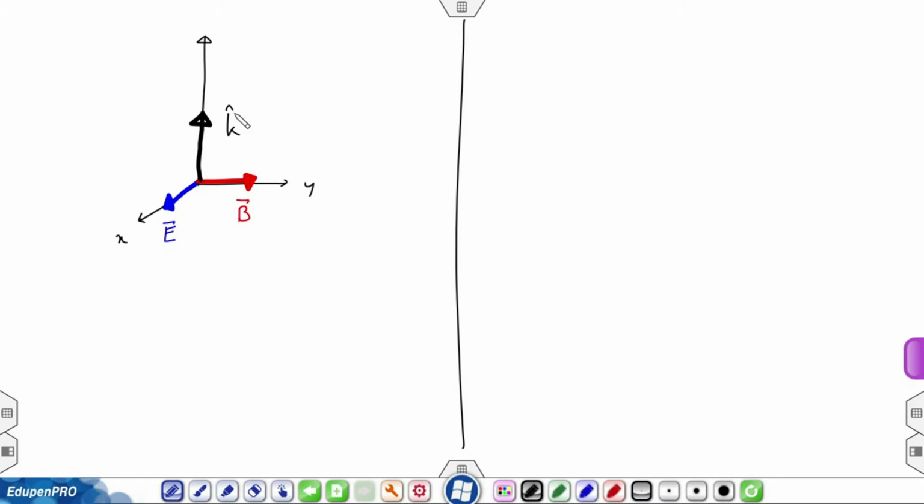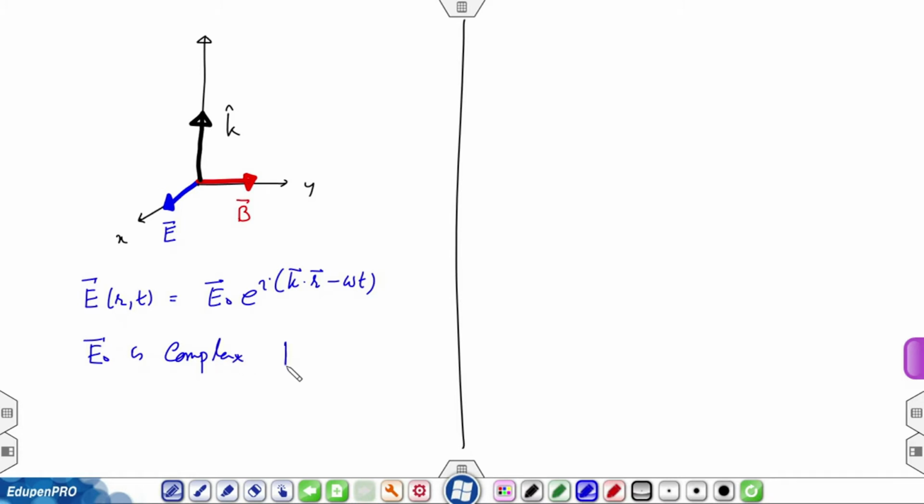It is understood when I write the electric field E as some E0 e^{i(k·r − ωt)}, that E0 is complex, and in fact, it will be |E0| e^{iφ}, where φ is the phase, right, and |E0| then is the amplitude, and φ gives you the phase, right.